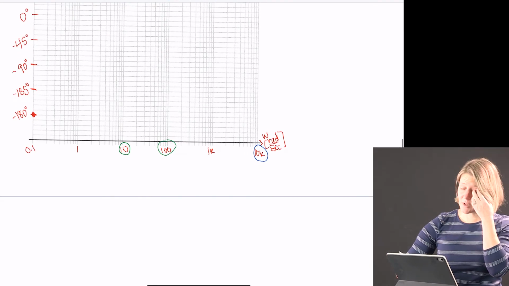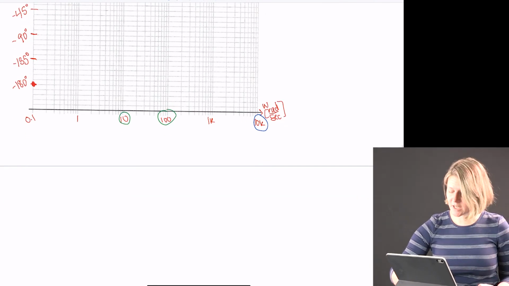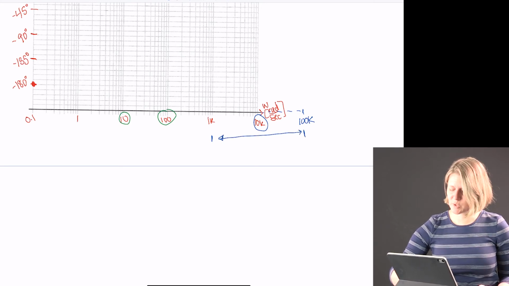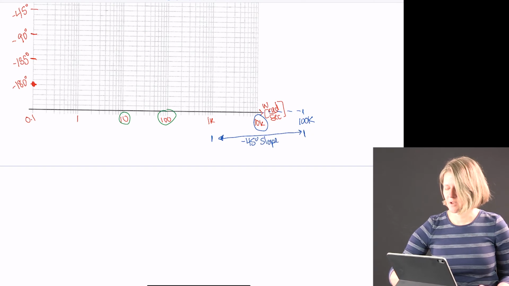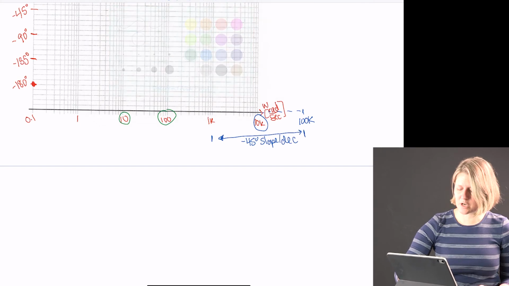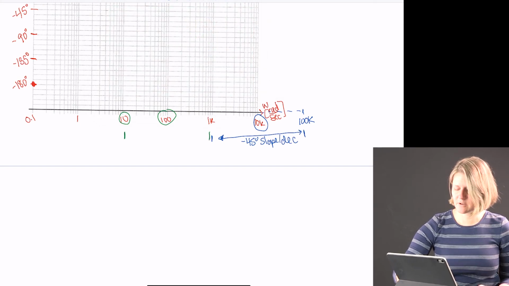So now I want to mark the regions. So 1 decade before and 1 decade after. So this goes to 100. I'm going to have a change from this one of minus 45 degrees slope per decade. For the zeros, again, go 1 decade before to 1 decade after. And I'm going to have a plus 45 degrees slope per decade change here for the 100.